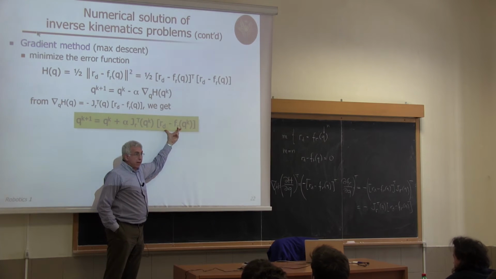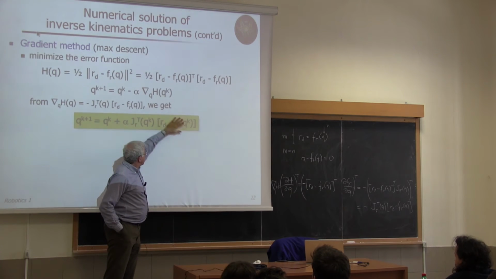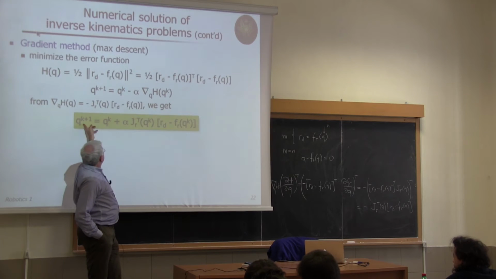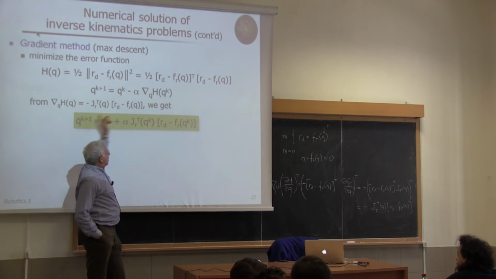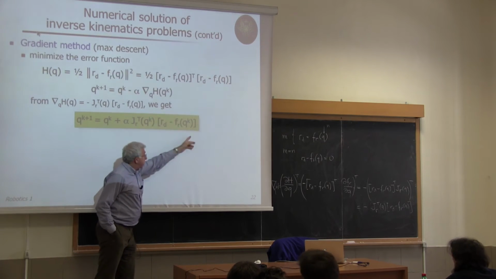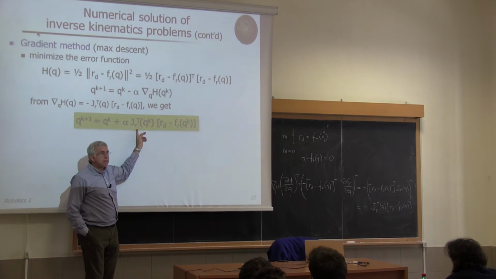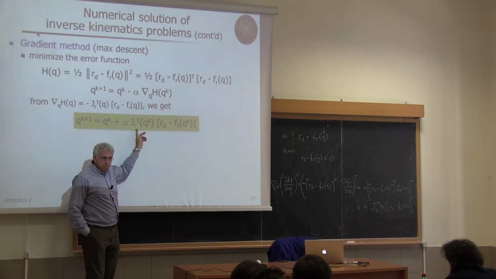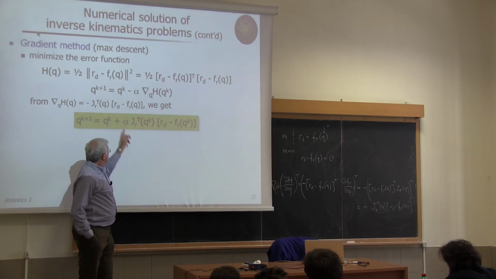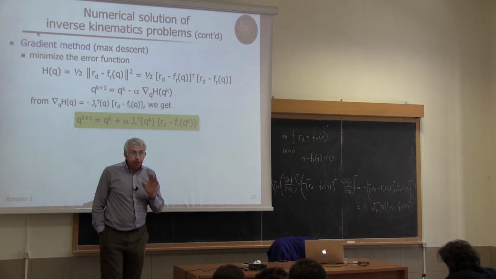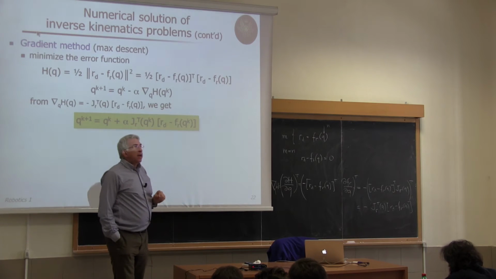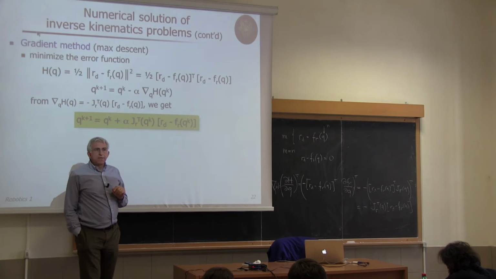If you don't have an error, you have a solution. So this goes to 0, so you don't update. Otherwise, this error will be now multiplied not by the inverse of the Jacobian, but by the transpose of the Jacobian. Okay? And this will multiply by a scalar alpha, which is positive. And then this will give the update.